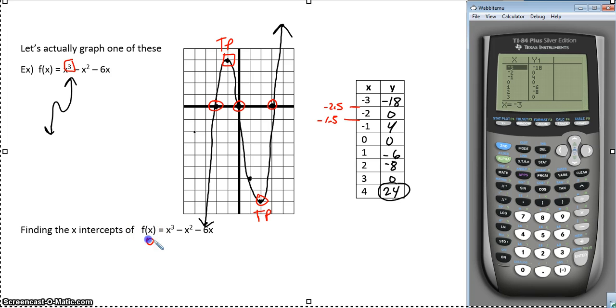If I want to find the x-intercepts, that's when the y value is equal to 0. So what I'm going to do to solve this is factor out the greatest common factor of x. So if I take an x out, I'm going to be equal to x squared minus x minus 6. And I can factor this now by saying what multiplies to -6 and adds to -1.